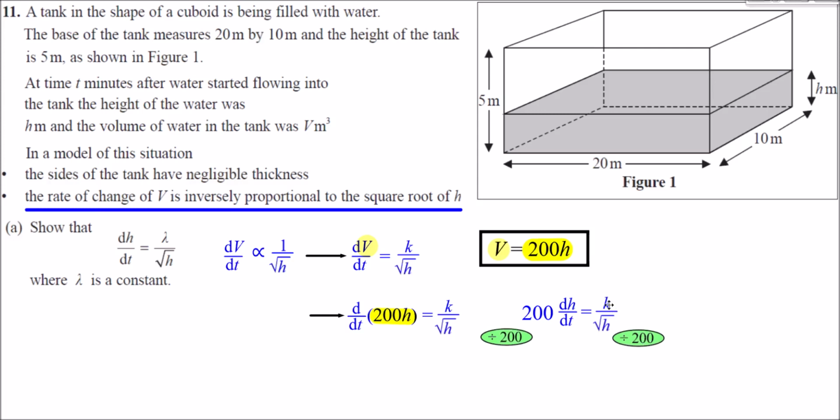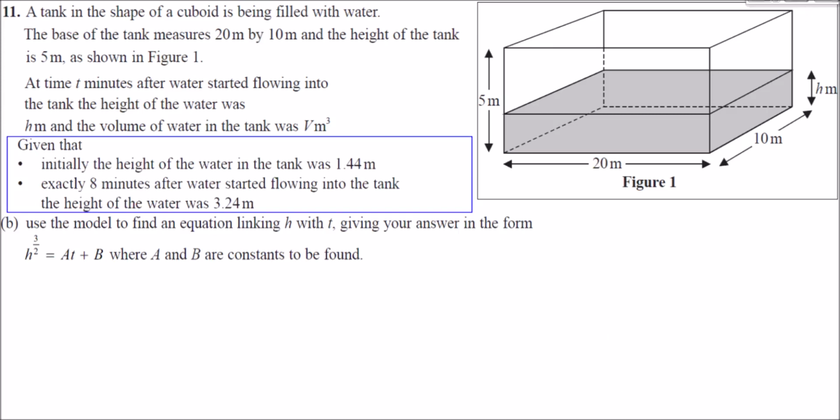So I'm going to call k divided by 200, because this is my final step, lambda. Therefore, dh by dt is lambda all over root h, where I've made a note here so the examiner knows what I've done: I've called lambda a new constant, which was my initial choosing k, divided by 200, after I've adjusted my answer to the required form.